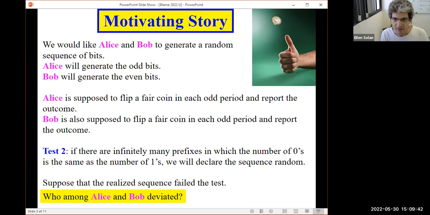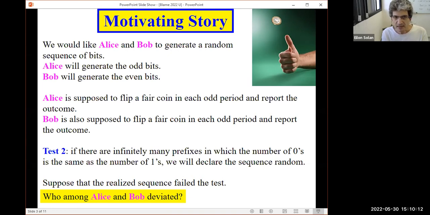So the moment we went far enough away from 0, we will never get back to 0. So she's perfectly correlated with Bob, but if you look only at her sequence alone, then it is perfectly random. So it is not easy to detect here, to identify the deviator.